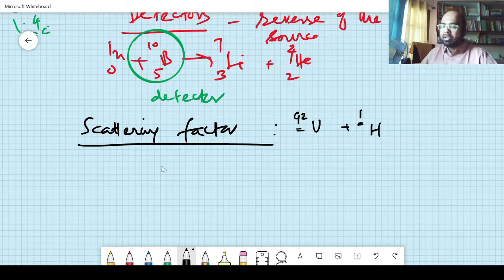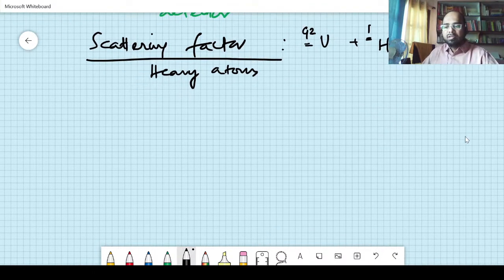The neutron scattering factor is very useful when you have heavy atoms. Neutron scattering is very useful when you have heavy atoms. So let me put the values there. I'll put the values H1, H2, oxygen, uranium.